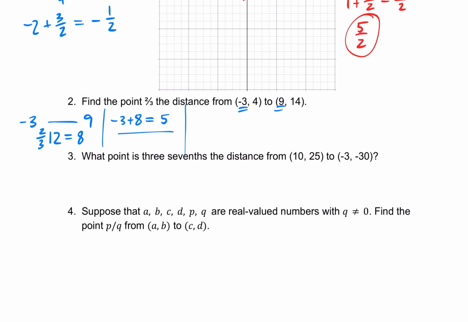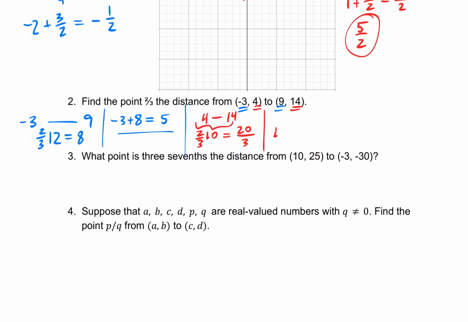And I'm going to do the same thing for the y direction over here in red, from 4 to 14. 4 to 14 is 10. And then taking 2/3 of 10, 2/3 of 10, which is 20 over 3.